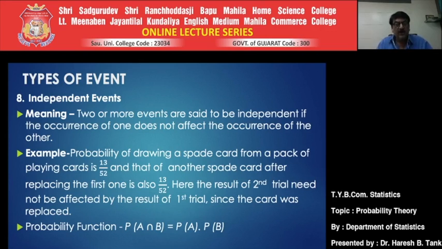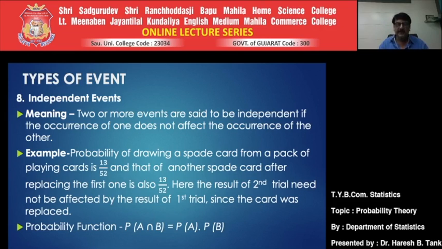And that of another spade card after replacing the first one, what will happen? Again, the first card is drawn, it is a spade card. You put it back. Again, the total number of cards remains 52 as you have replaced it. In the pack of 52, the total number of spade cards remains 13.